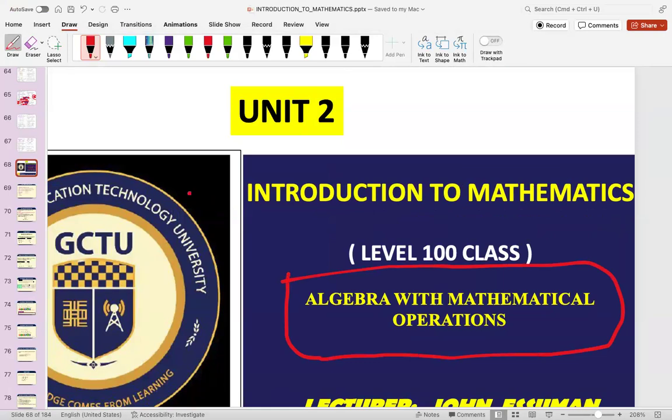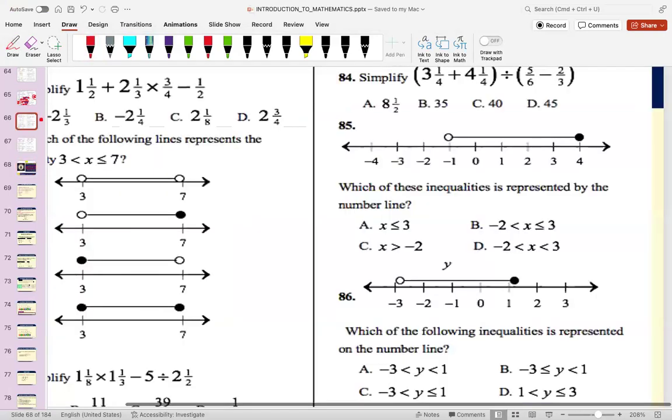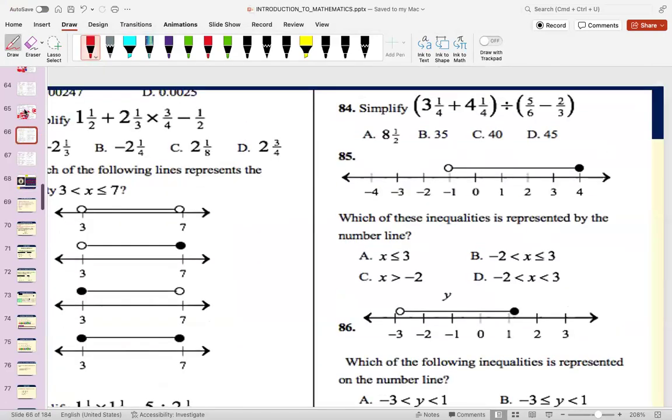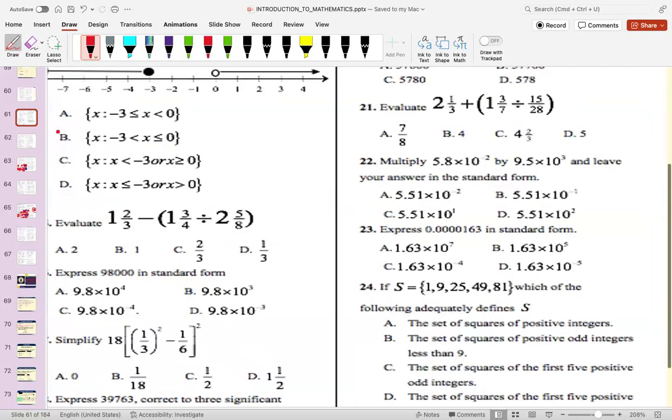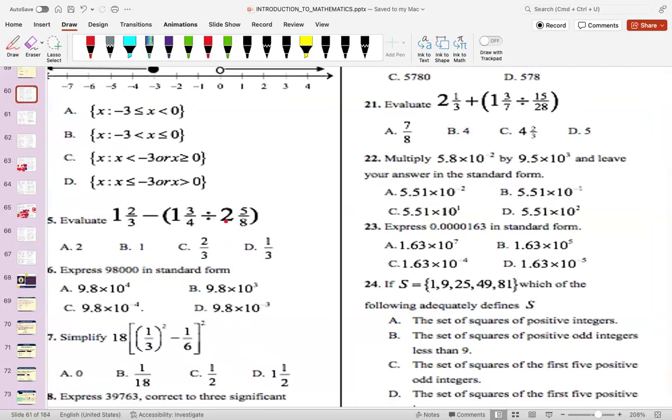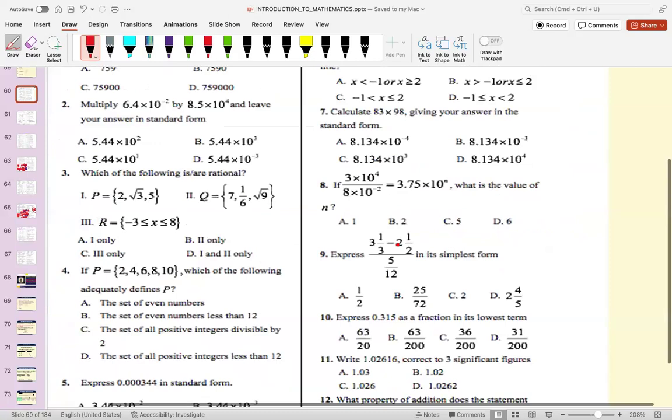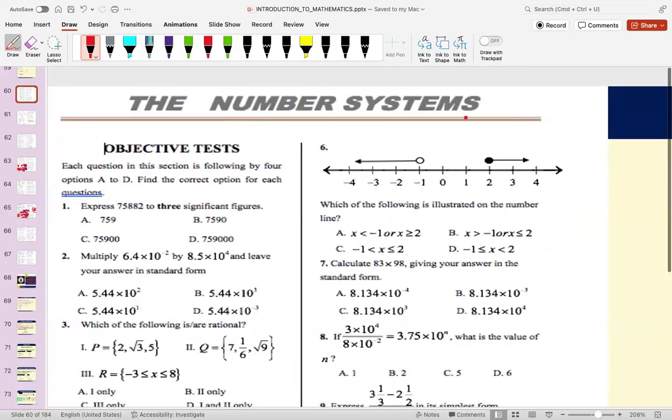All the things we have done right from the time we started these classes, we were seeing numbers. There were no alphabets. It's numbers, everything numbers. So we were dealing with the number systems, which we called arithmetic.